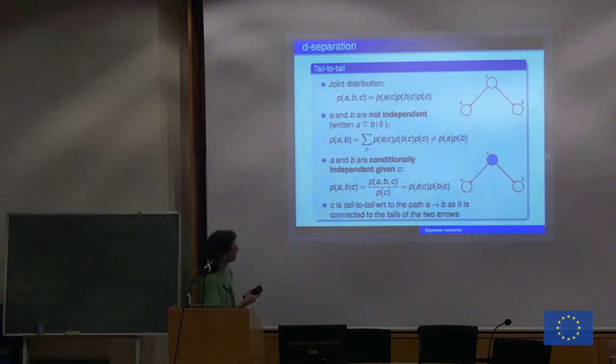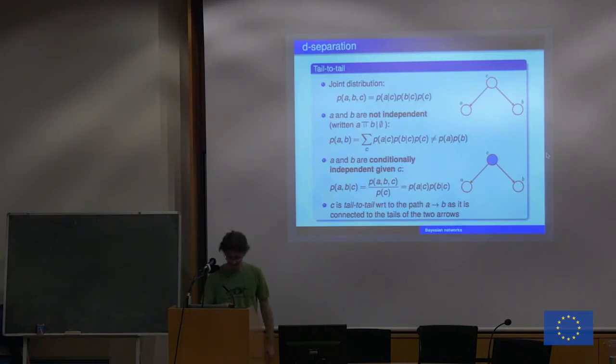Looking at the example before, if you know that you have the flu, then the flu can cause cough or fever, but knowing that you have cough doesn't tell you something more about the fever, given that you know you have the flu, because it's the flu that causes the fever, okay? Depending on the examples, you can also have direct relationships, but in general, if you know the cause, seeing one effect doesn't tell you more about the other effect, because the other effect depends on the cause, okay?